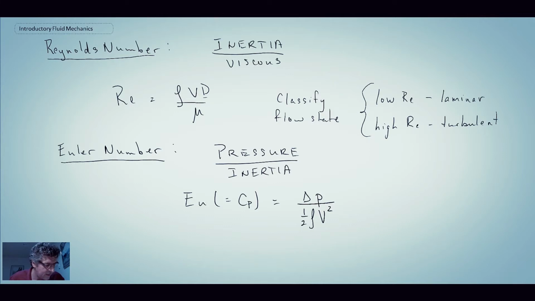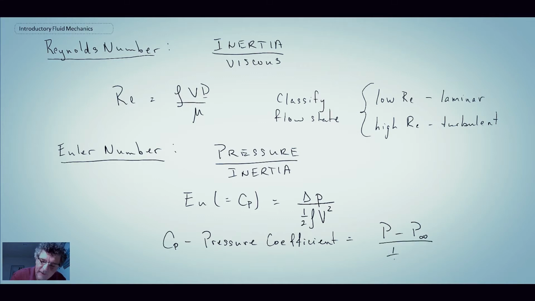And that can often be expressed as P minus P infinity divided by 1/2 rho V infinity squared.